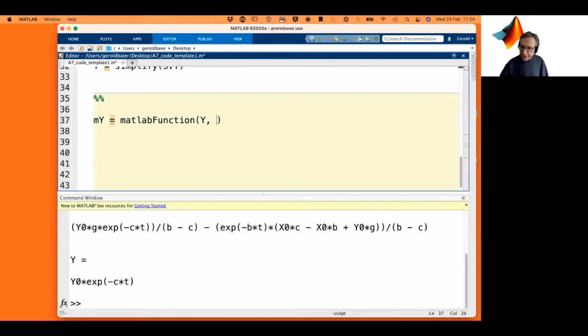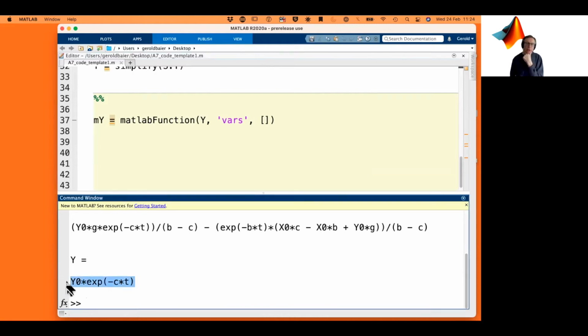So let's do that. Do you remember how to do that? We specify the vars argument, which is the variables. We need to specify now the parameters that are required in order to do that. As you can see, this equation shown down here is y naught times exponential of minus ct.